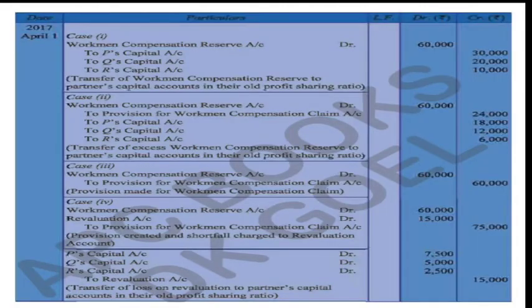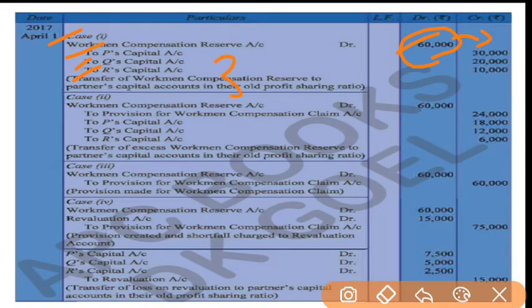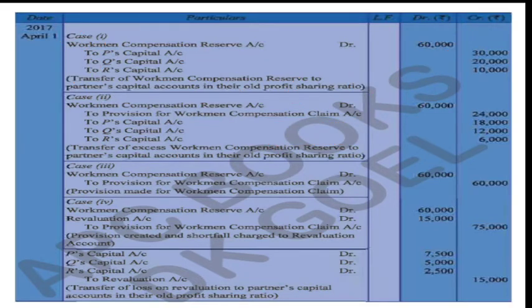So the general entry will be workers compensation reserve account debit 60,000 because it is your reserve, to partners capital account PQR, and 60,000 will be distributed among them in the ratio of 3:2:1, that is the old profit sharing ratio, 30,000, 20,000 and 10,000. So if there is no information or no claim, we will distribute the whole workers compensation reserve amount to partners capital account in their old profit sharing ratio.